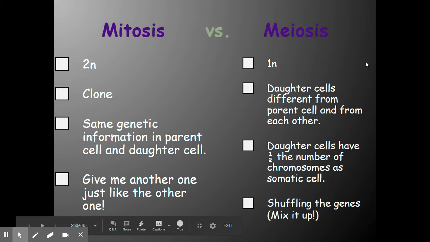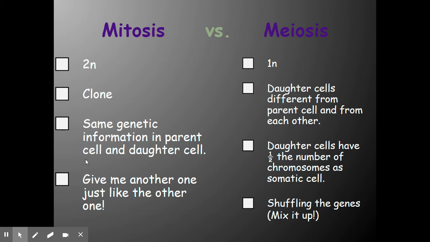So here's a look at the difference between mitosis and meiosis again. We have mitosis, your cells are 2N, they're diploid, they're clones of each other. They have the same genetic information from the parent cell to the daughter cell. And it's just like saying, give me another one just like that.